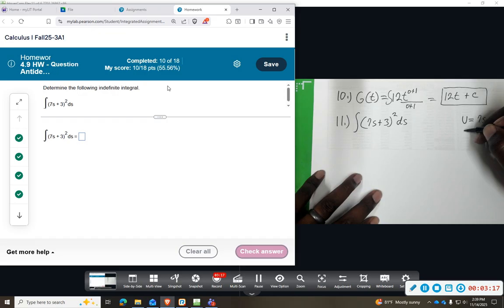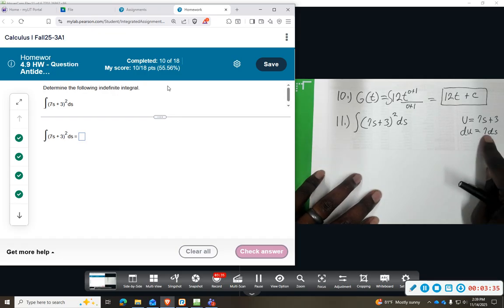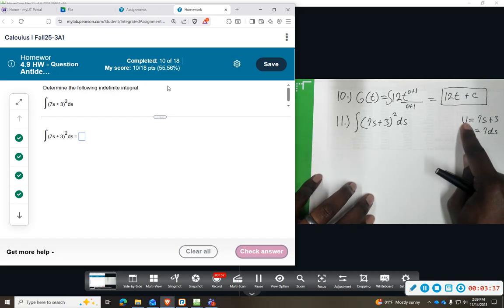So we need to figure out what du is. That's the derivative of u. So if u is equal to this, then the derivative of 7s would be 7, plus 3 would be 0, and this is a derivative with respect to s. Now, we are going to plug in a u.